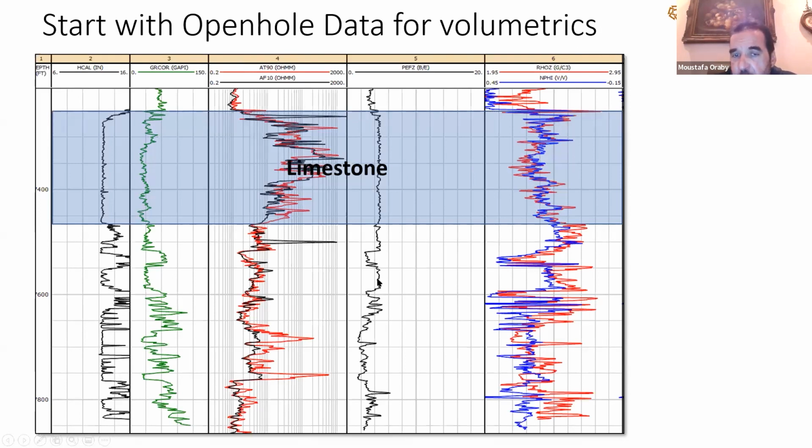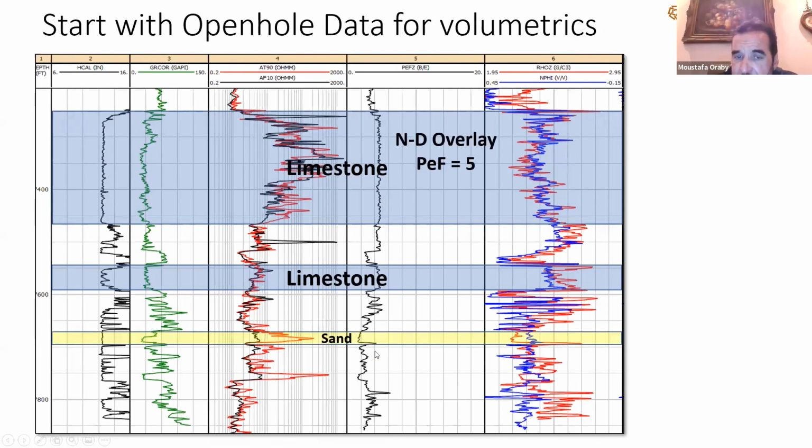It went to 5 again, so that's another limestone section. Then it went down to 2, which tells me this is a sandstone section, and it also went down to 2 here, telling me this is a sandstone section. So this is a reservoir that has mainly limestone and 2 sands at the bottom here.